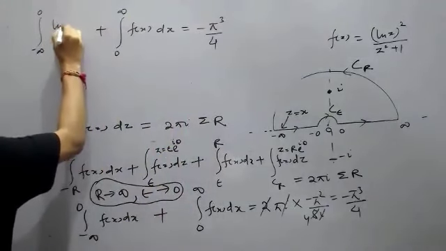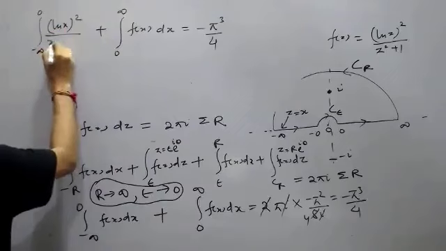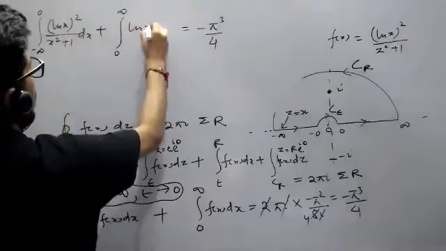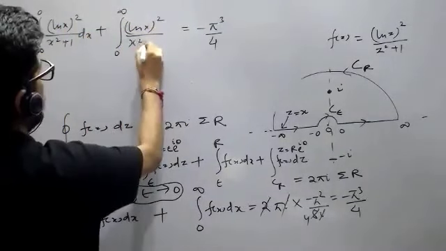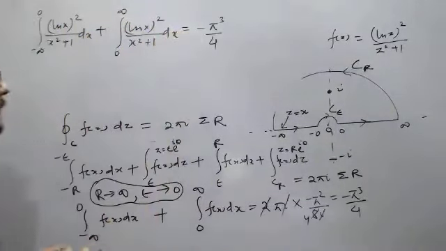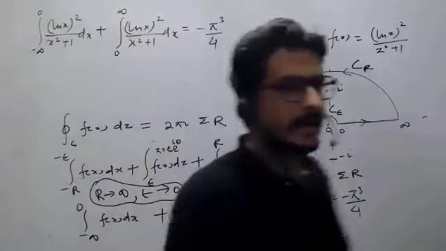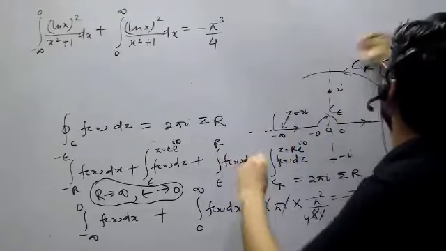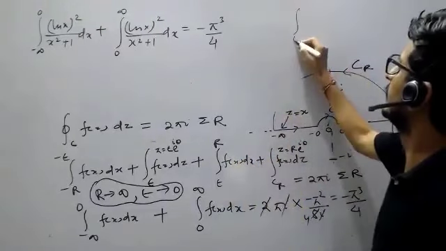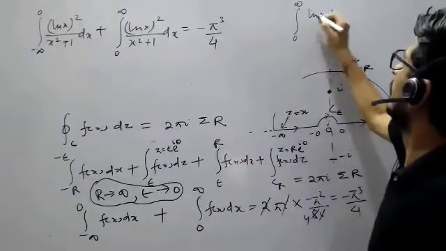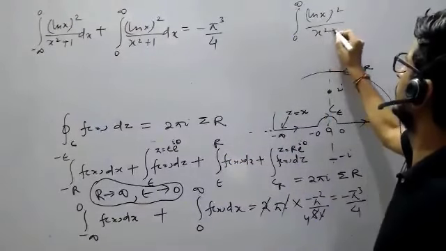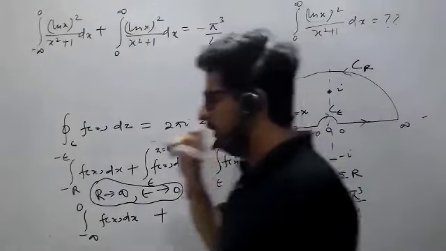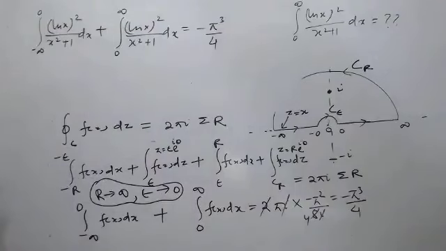So it is log of x square upon x square plus 1 dx, and here also log of x square upon x square plus 1 dx. So can you see now what we wanted is now appearing in the equation? Can you see that? Yes, sir. What we wanted, 0 to infinity log of x square upon x square plus 1 dx. This is our question. Little difficulty is there, but we will manage.